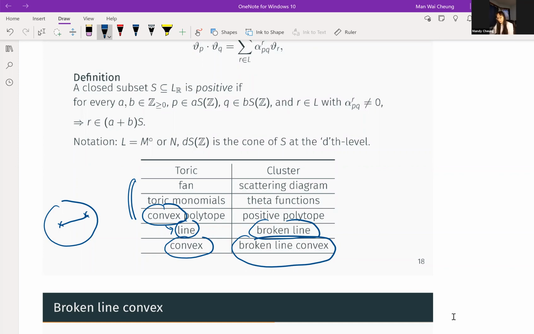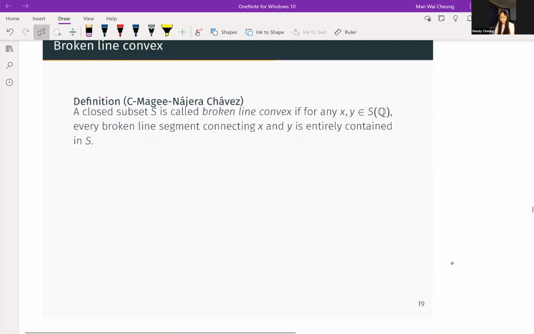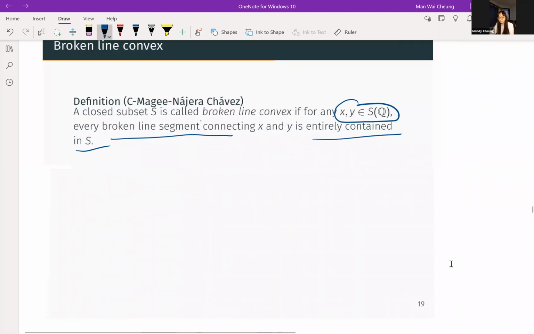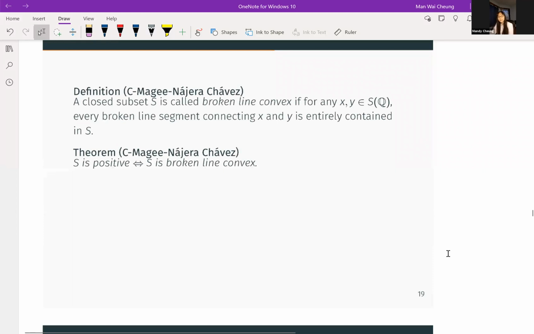So with Tim Magee and Alfredo Lacata Sheffield, we define a set to be broken line convex if for any two points in our set, every broken line segment will be contained in the set. And then, as you might imagine, the theorem we have is: a set is positive, that is, a set that gives us the grading, if and only if it is broken line convex.